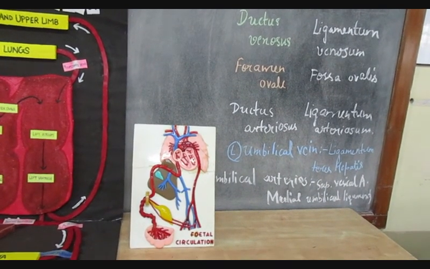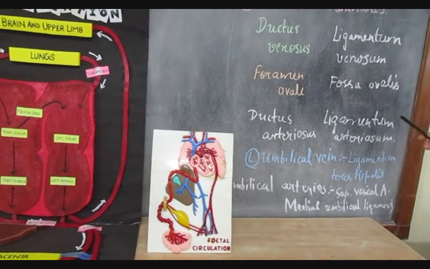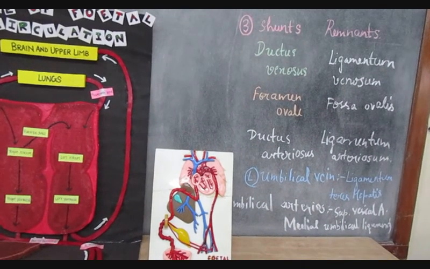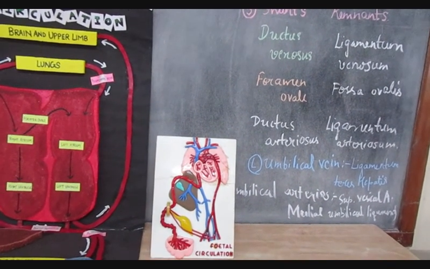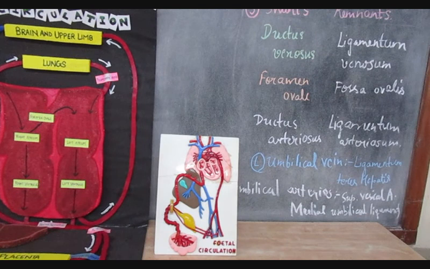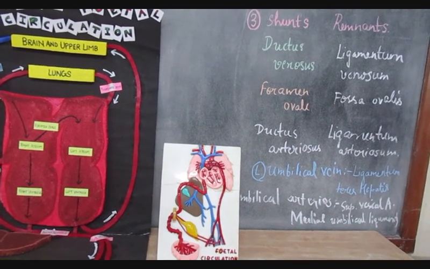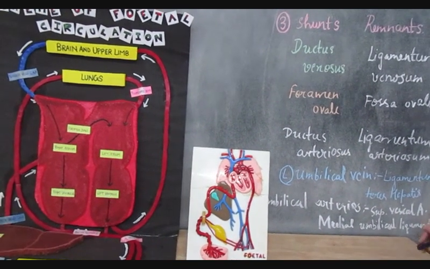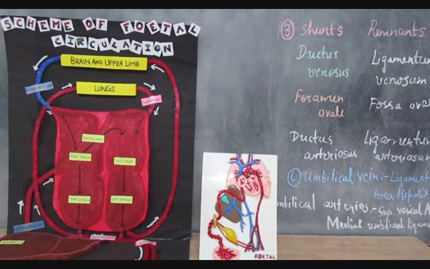That is about the fetal circulation. These 3 shunts you have to know, and what are the remnants you will be asked. So the pathway of fetal circulation, the shunts and the remnants after the cord is clamped and cut. This is what you are expected to know from this topic, fetal circulation.